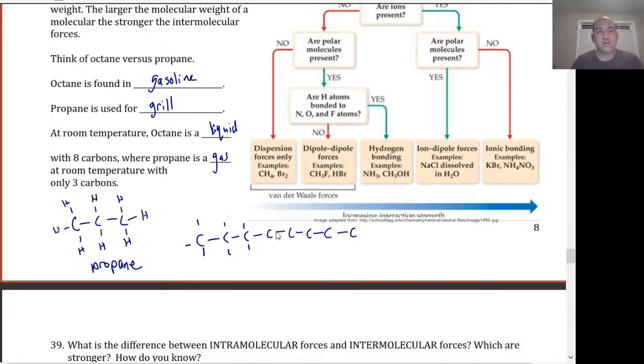I'm actually not even going to draw them all in, but you can just assume these things are hydrogens. So with that much larger molecule, there's a lot more electrons and a lot more surface area for dispersion forces. And we know that it has to be only dispersion forces because carbon-carbon and carbon-hydrogen bonds are nonpolar.